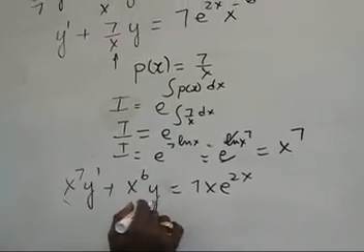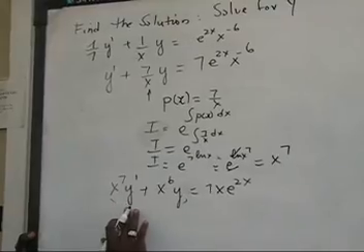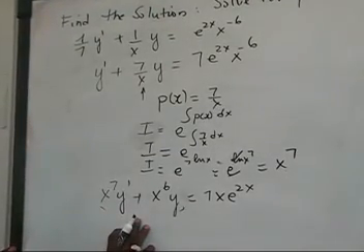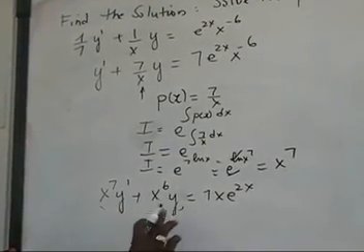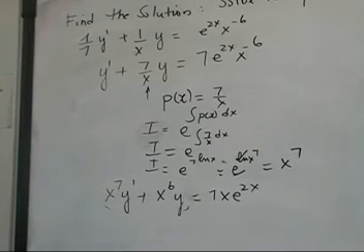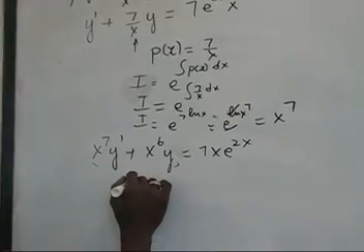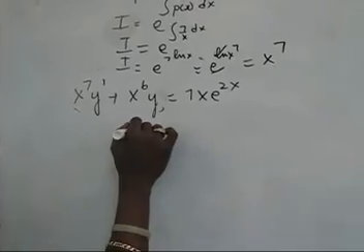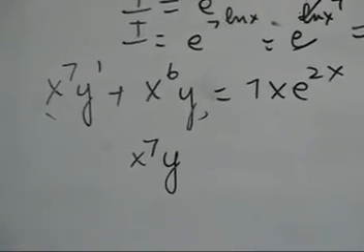But from here, this is basically the chain rule. That's why we're going to have x to the 7 y for this side.